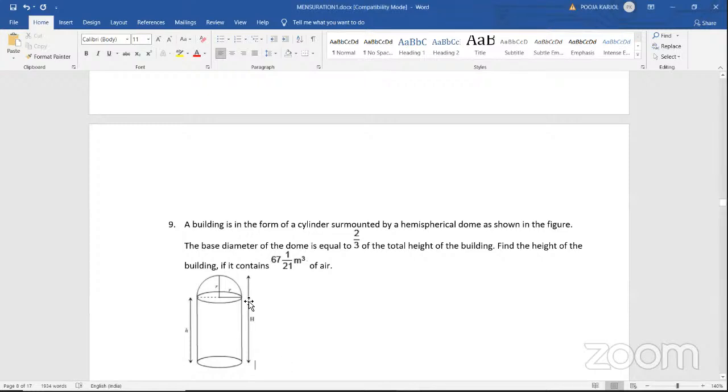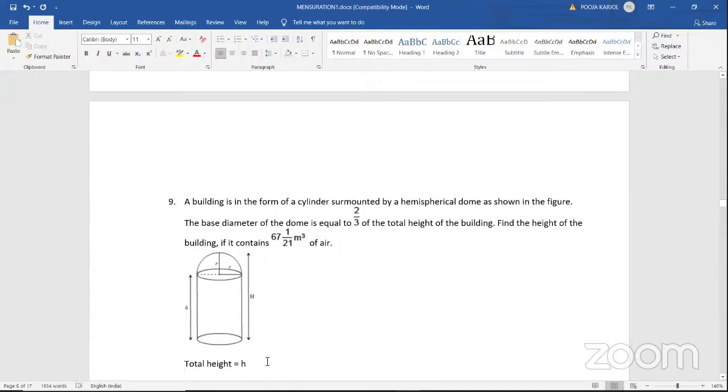The R also is unknown, H also is unknown. So what I'll take is, I've taken total height is equal to H.